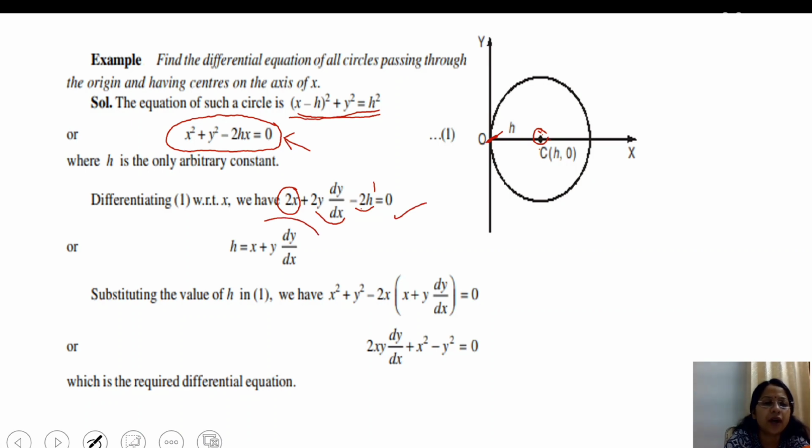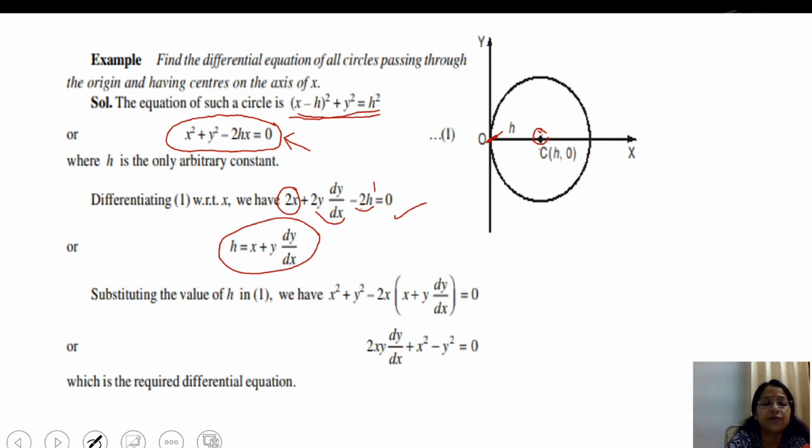From here we can find the value of h, which was taken as an arbitrary constant initially. So how are we going to form a differential equation? Whatever we have assumed from our side to form a differential equation has to be eliminated.